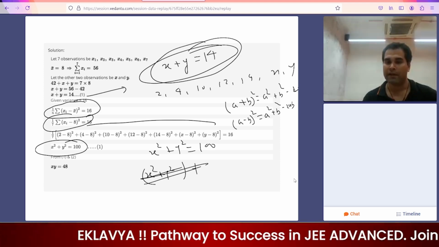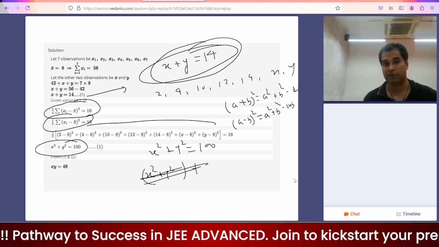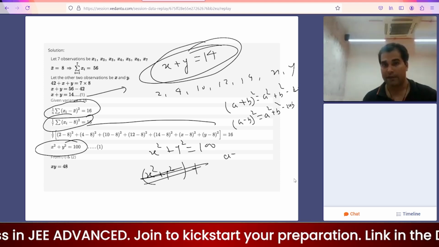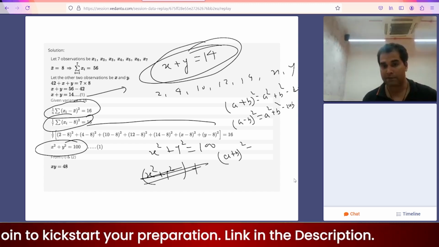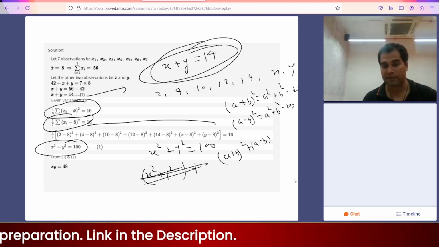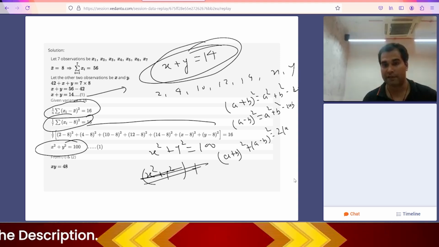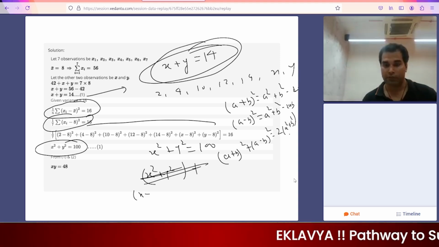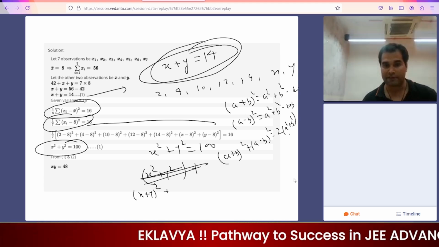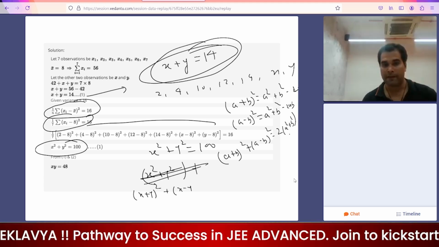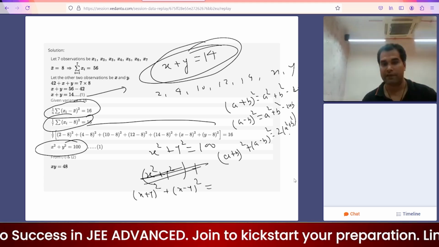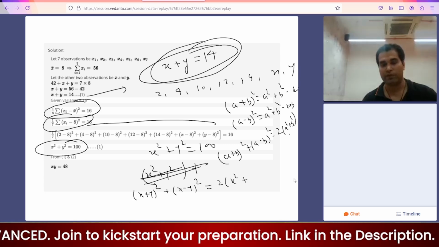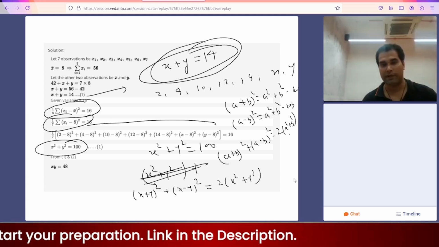If we add both the equations, we get a plus b whole square plus a minus b whole square is 2 times of a square plus b square. So here we get x plus y whole square plus x minus y whole square equal to 2 times of x square plus y square.